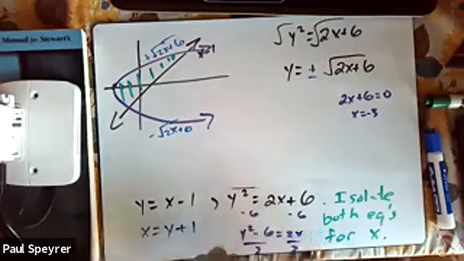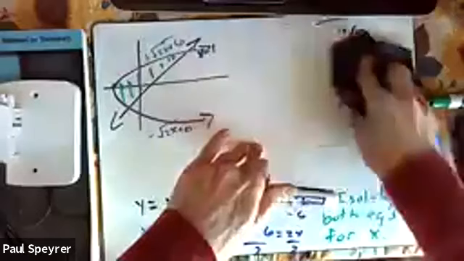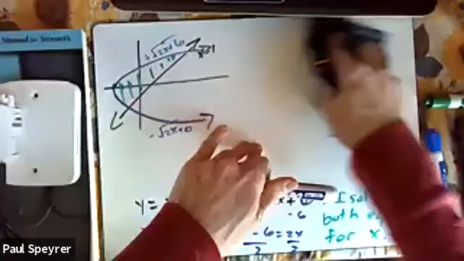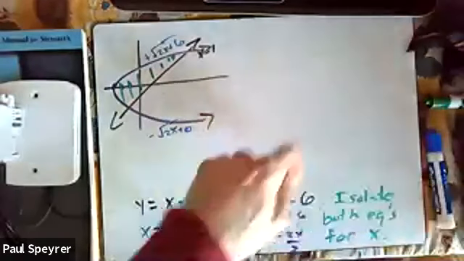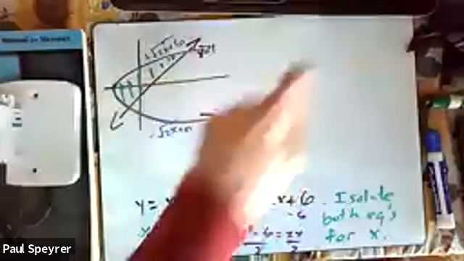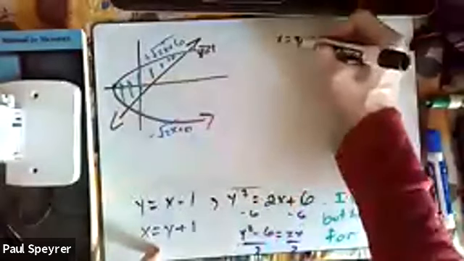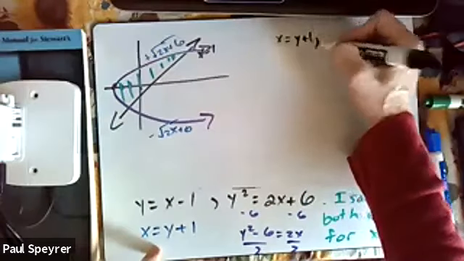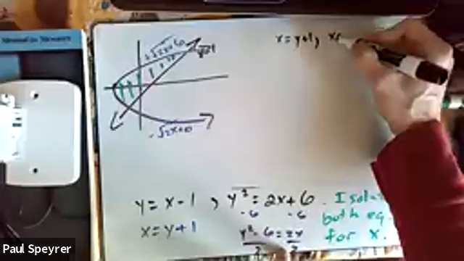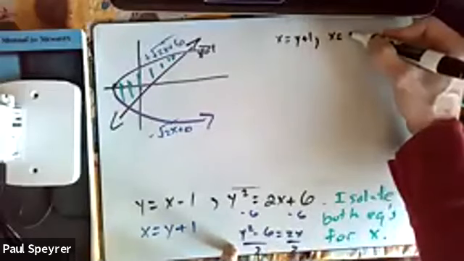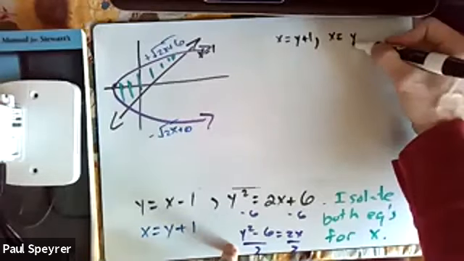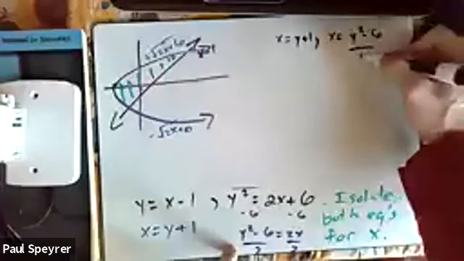I'm going to put it up here. We have x equals y plus 1. And then we also have x equals y squared minus 6 over 2.